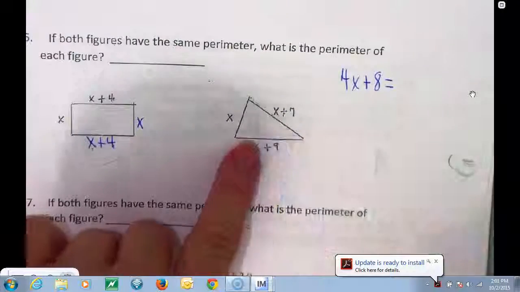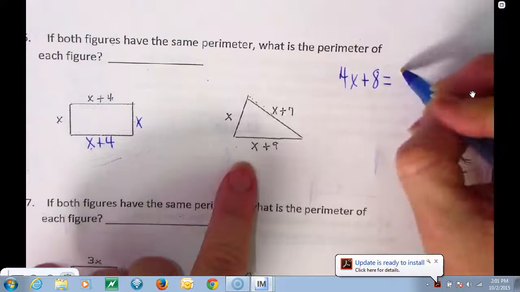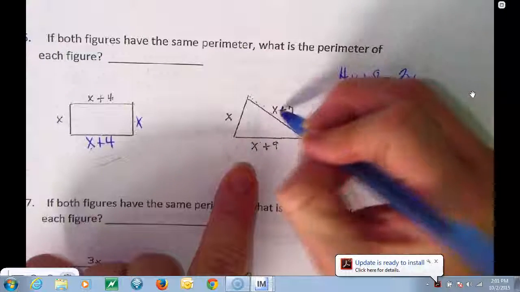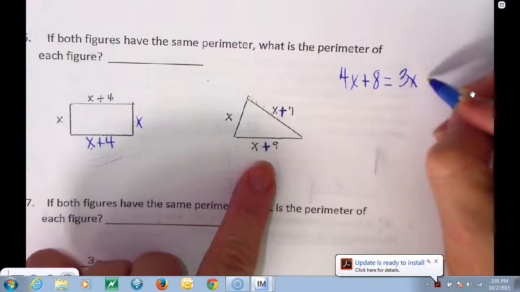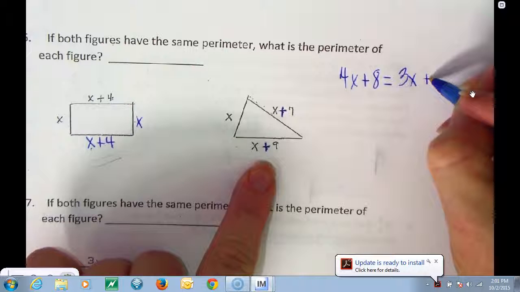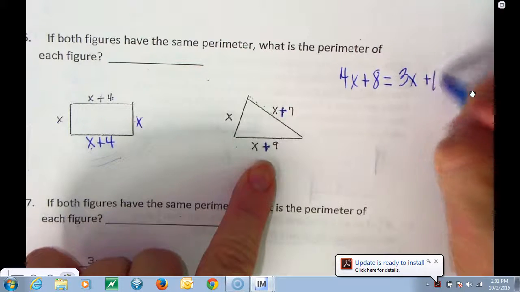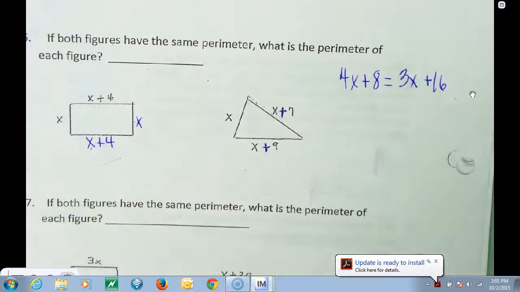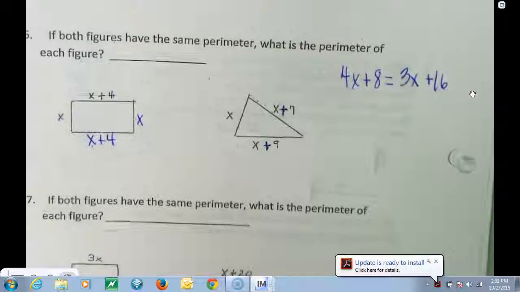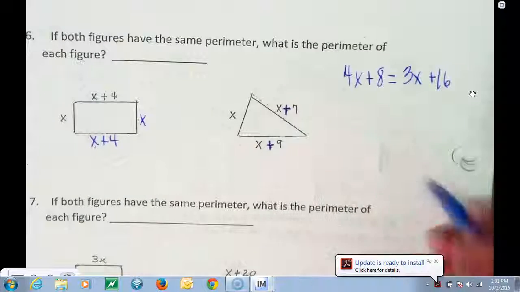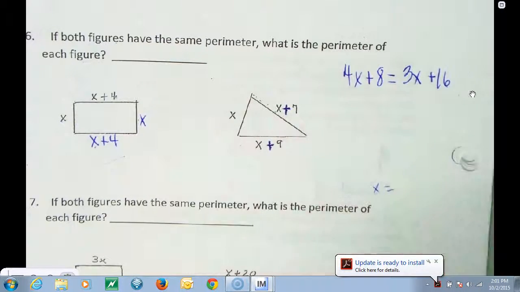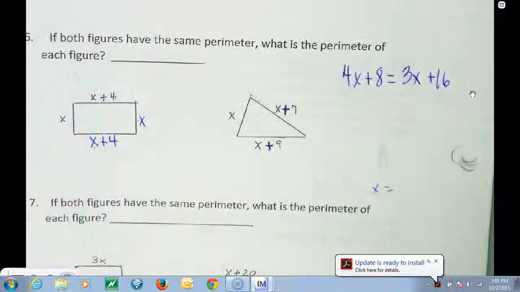Okay? Now let's add the triangle. How many x's are there? 3x, and these are plus signs, guys. So what's that? 7 plus 9. When we solve for x, and we know x, are we going to have the perimeter?